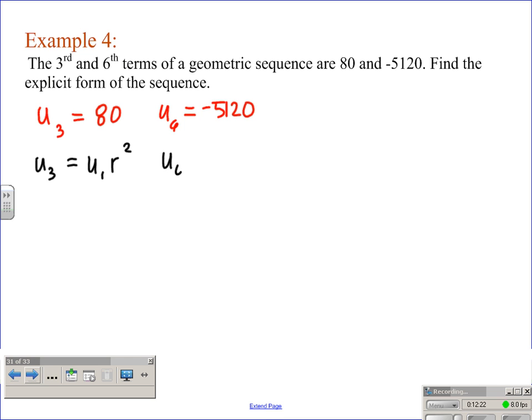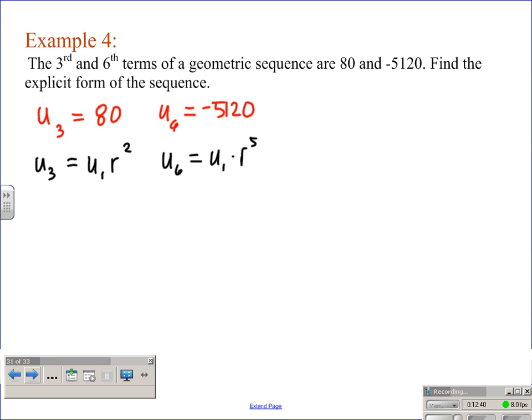And then the sixth term can be rewritten, using the explicit formula, as the first term times the common ratio raised to the n minus 1, n being 6 this time, so here to the fifth power.